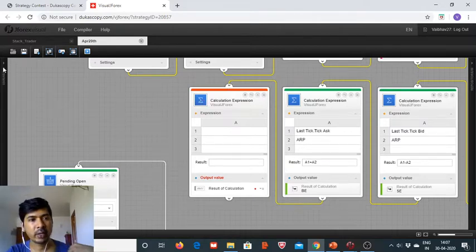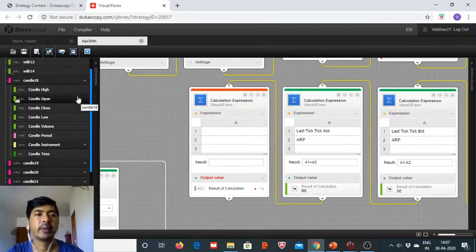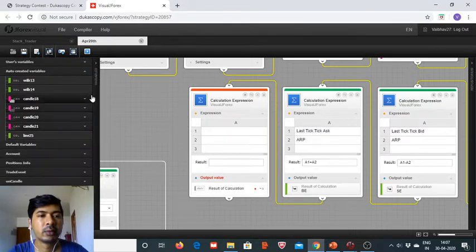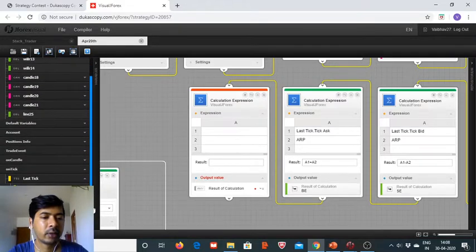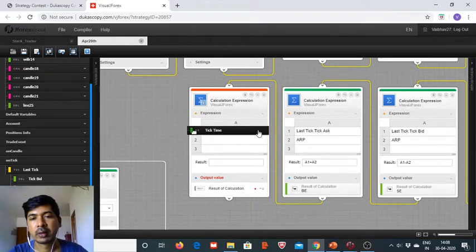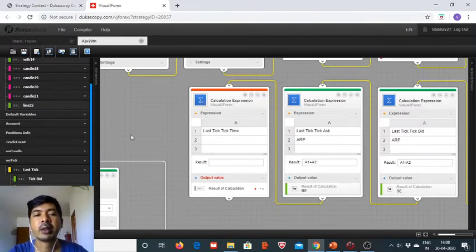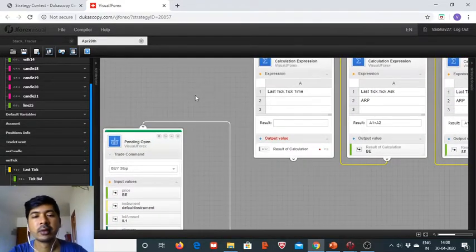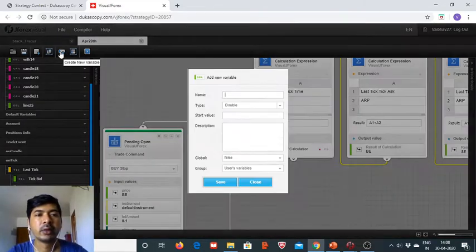Now we need to bring in the last tick time, and it is on tick, last tick time, and then we have to create a fresh variable.